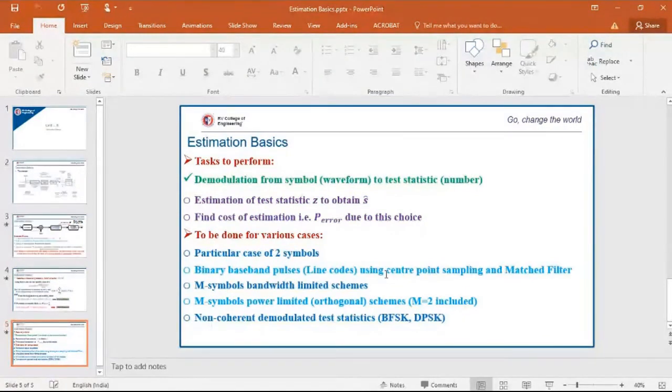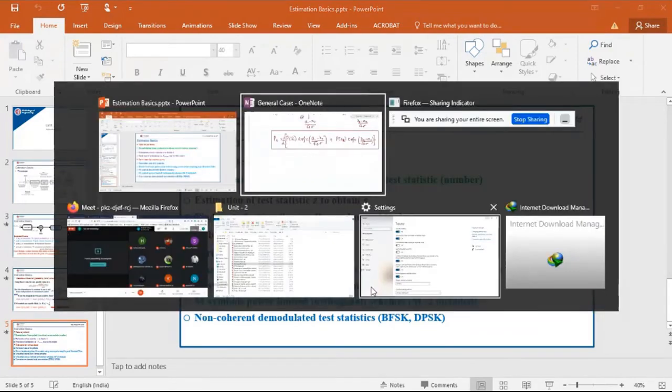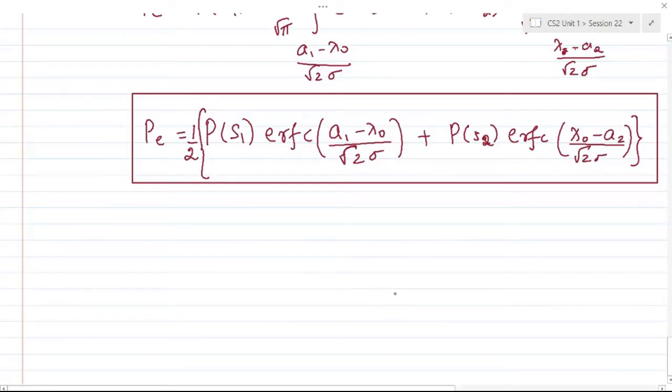Probably today we'll be able to apply it to line codes using center point sampling or clock sampling. Probably from tomorrow we can take the case with the matched filter and start applying it to other bandpass modulation schemes that we have studied in this semester. So without wasting much time, I'll go ahead with the first case of generating the test statistic from the clock sampling.